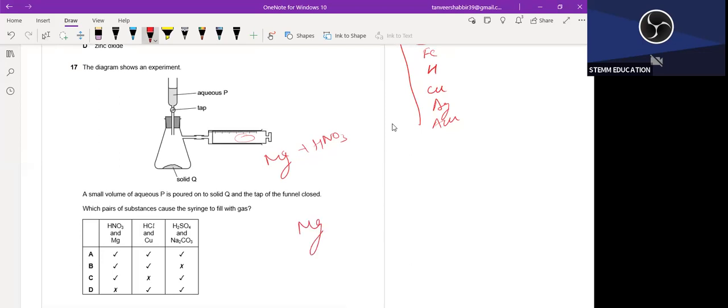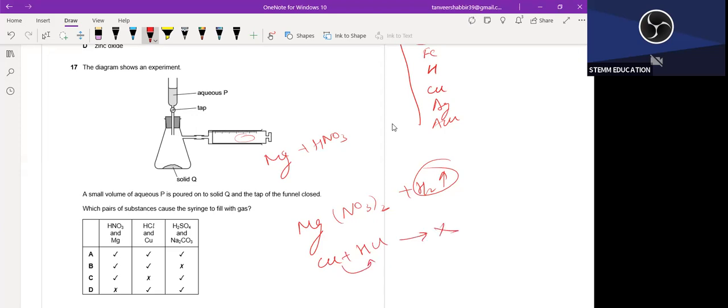So magnesium nitrate forms and hydrogen gas is released. So yes, this is a gas. When magnesium reacts with the acid, this syringe will be filled up by hydrogen gas. What will happen if we use copper and HCl? As you can see, copper is below hydrogen, so copper cannot replace hydrogen, so no reaction.